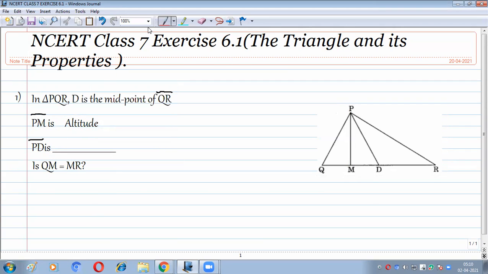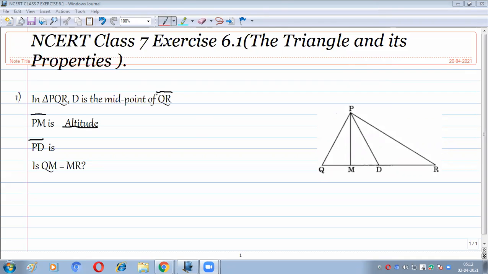Moving to our next question: line PD is dash. Let's find where line PD is.